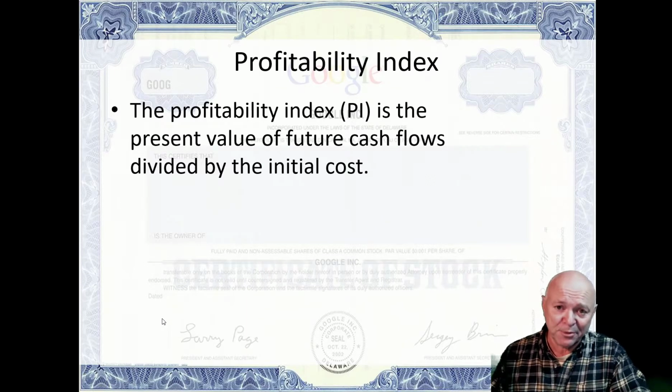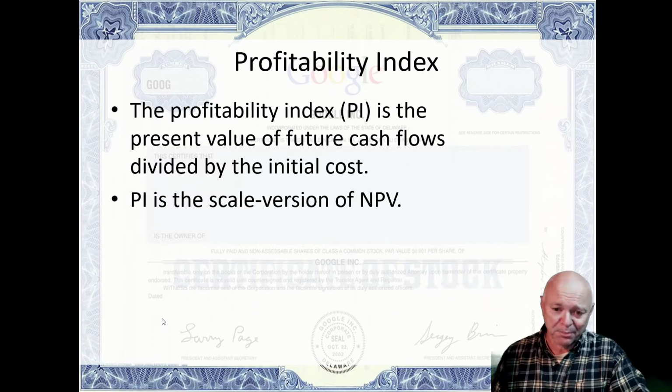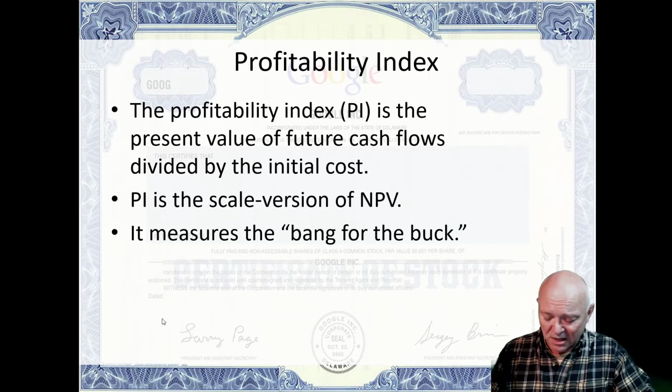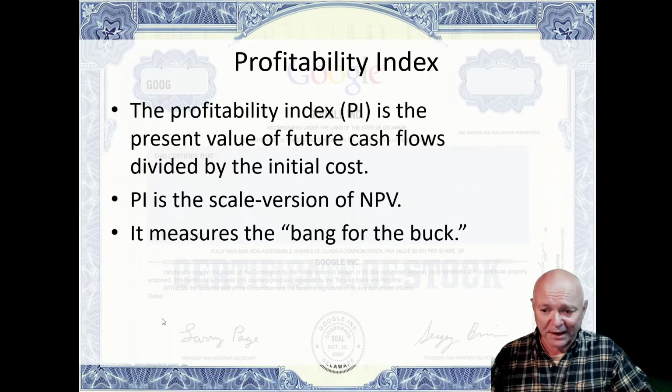Essentially, a profitability index is the present value of the future cash flows divided by the initial cost. It's also described as a measure of bang for the buck. It's a scaled version. In other words, it puts all projects on the same scale. So for every dollar that's invested, how many dollars do we expect to get back? In other words, the bang for the buck.